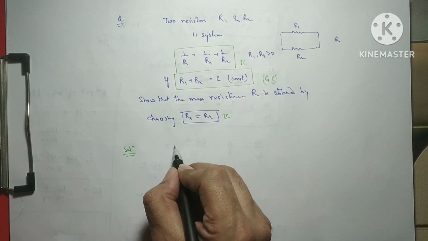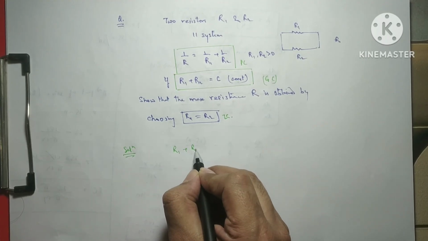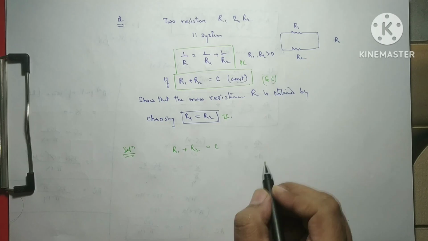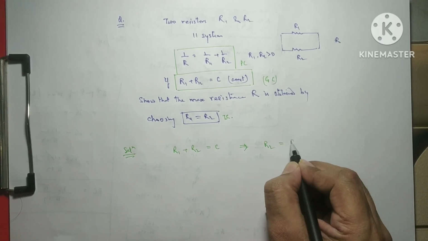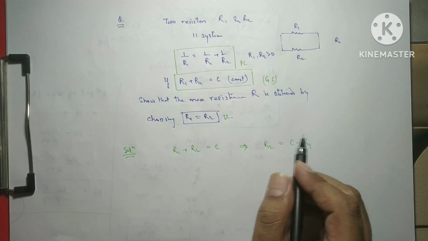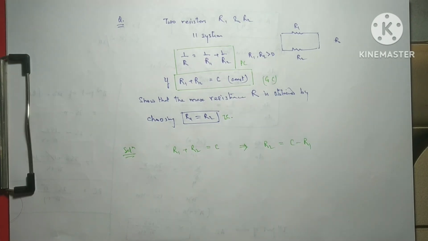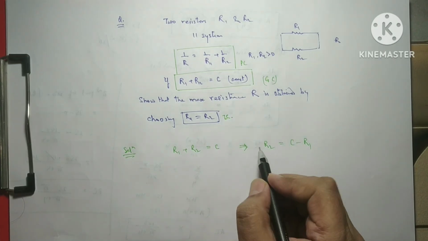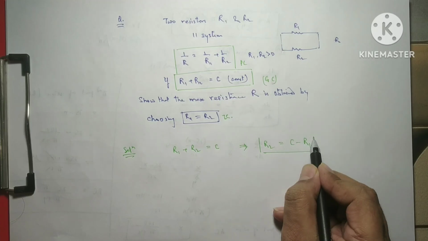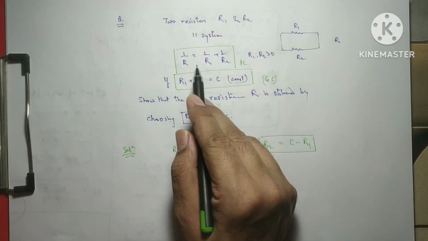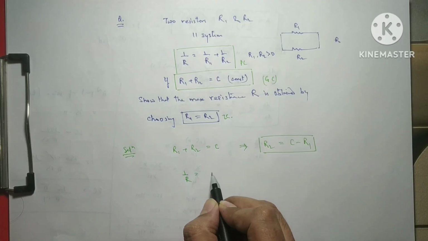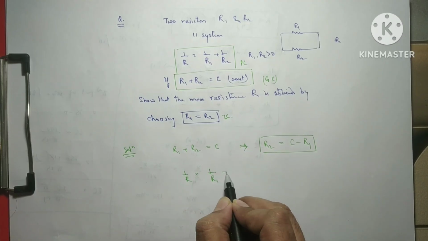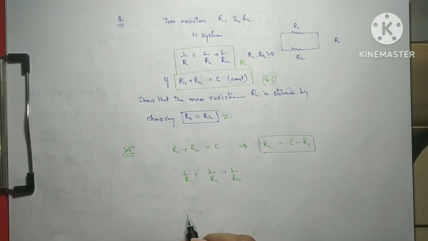So we have R1 plus R2 equals C. So the value of R2 will be C minus R1, where C is constant. Now put this value in the proving condition, and the proving condition is this. So 1 over R equals 1 over R1 plus 1 over R2.